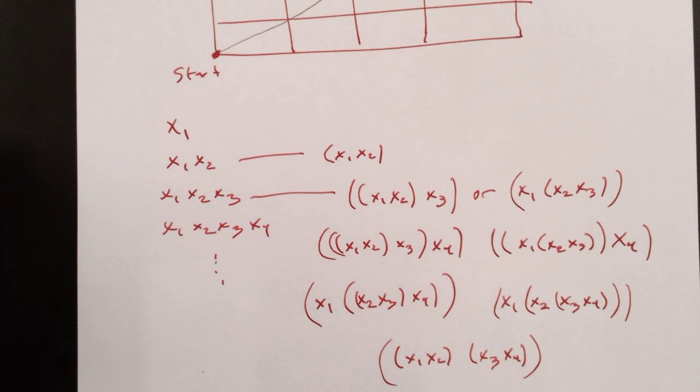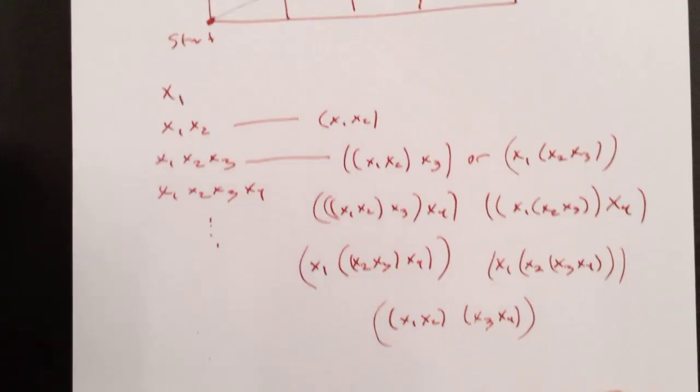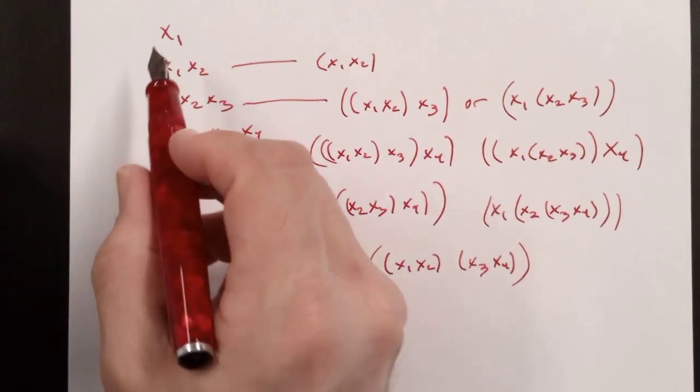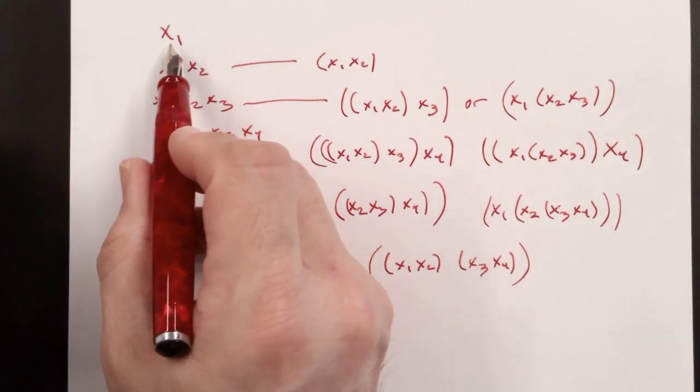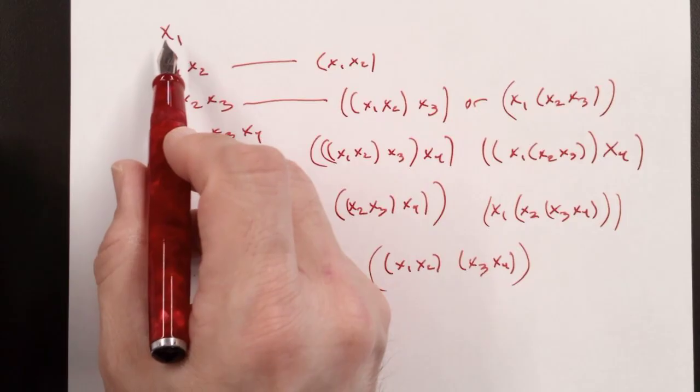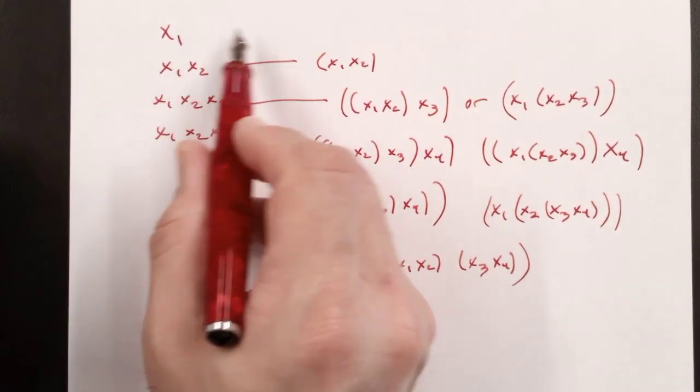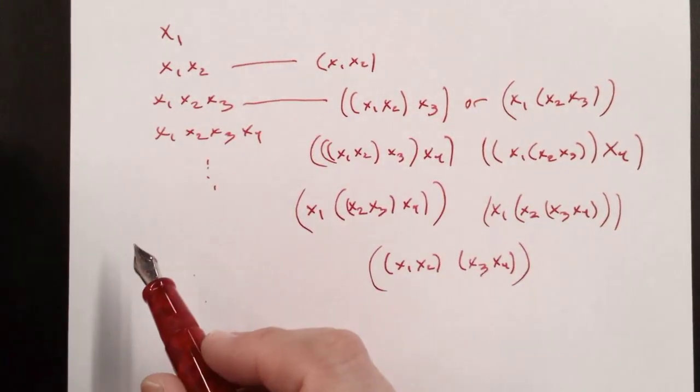This pattern actually requires me to recurse all the way back. Notice that C1, the number of ways to do one number, is 1, right? There's one way to do it. You don't do anything at all.